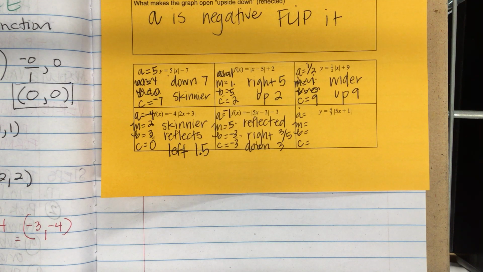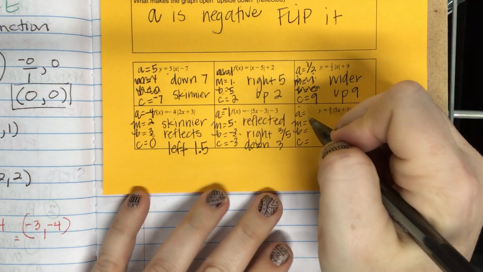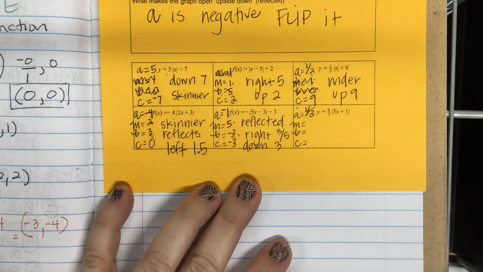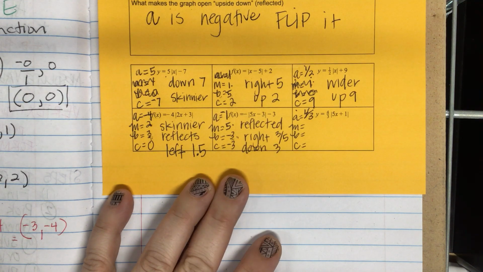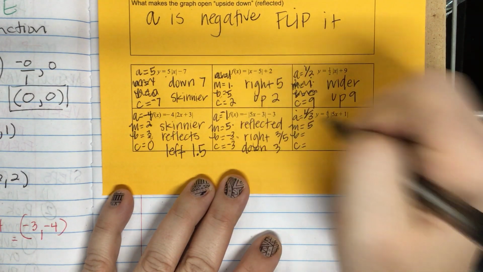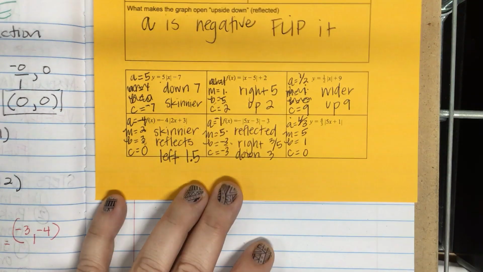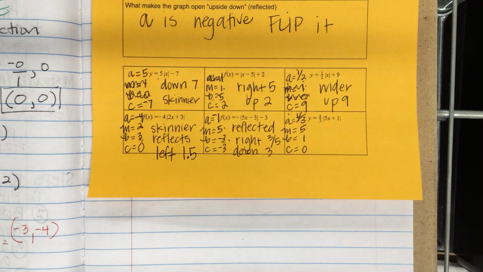Last one. What's your A value? 4/3. What's your M value? 5. B value? 4. And C value? 0. Does an A value of 4/3 do something? Yes. What? Why does it make it skinnier?